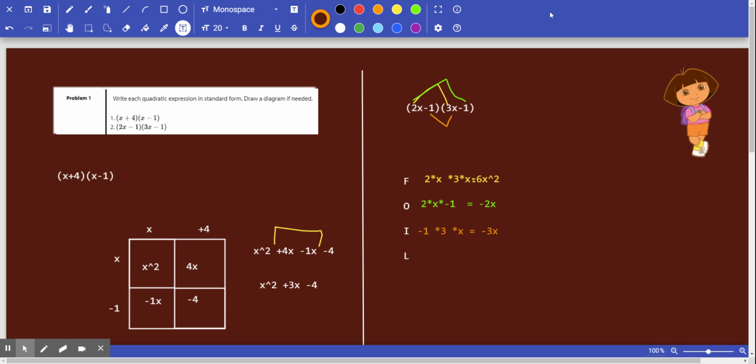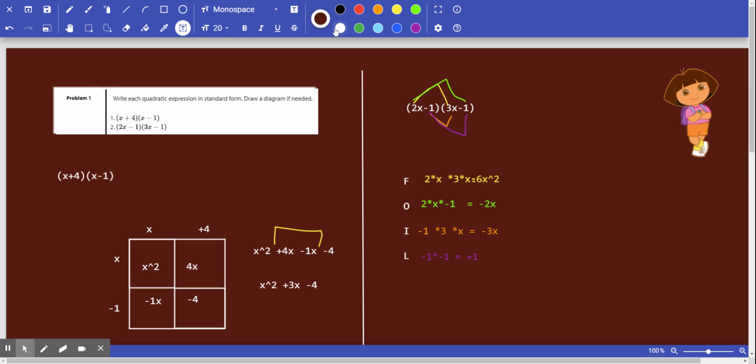And then we're going to do the last. What's left, Dora? That's right. -1 times -1. We've got to always multiply those constants last. -1 times -1. You can barely see that, but it's not a very hard multiplication problem. So I think you know that it ends up being +1.